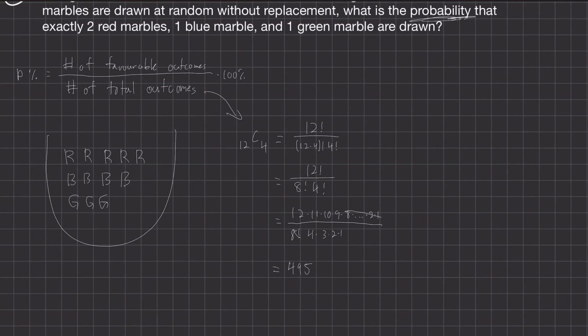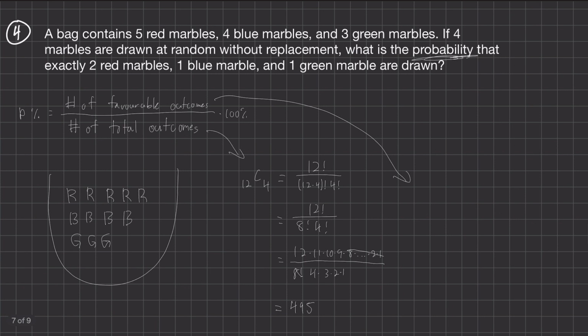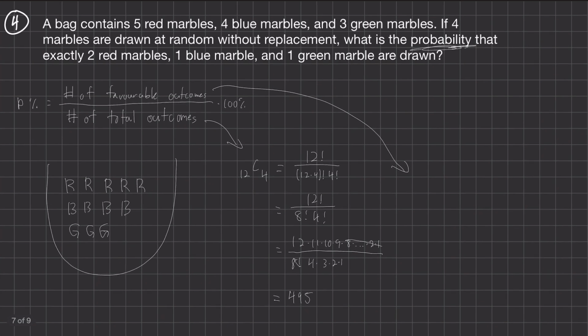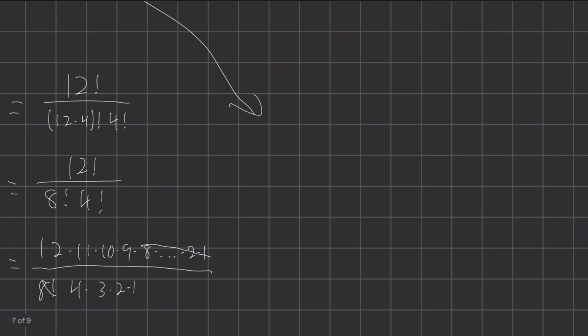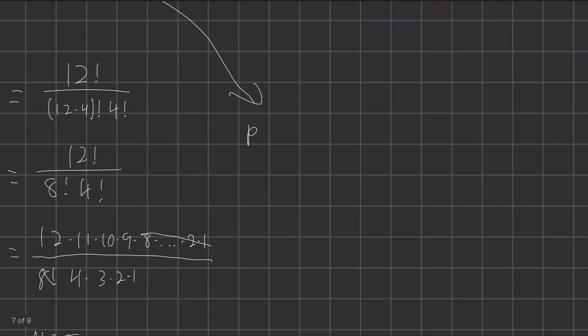And now we want to know the number of favorable outcomes. So what do we want? We want exactly 2 red marbles, 1 blue marble, and 1 green marble. We can just do it straight from the probability. Our probability is going to be equal to something over 495.